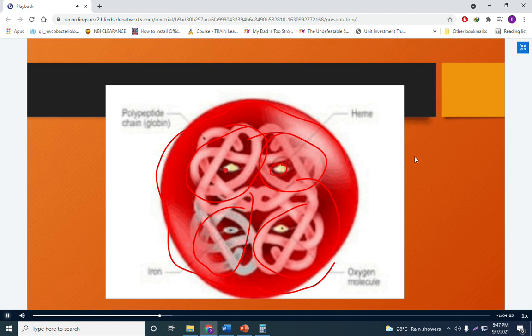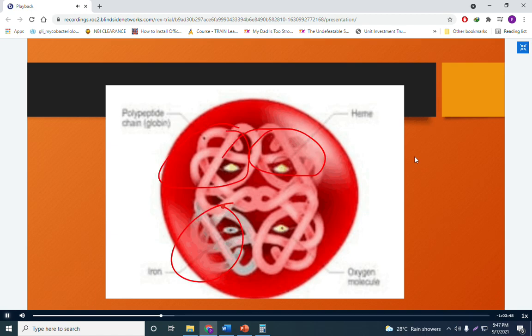So, this is your heme, class. There are 4 heme molecules. Inside the heme molecules, there is iron. Then, in the iron, that is where the oxygen molecules are. Let me repeat, class. These are your globin chains, there are four. Inside the globin chains you will also find your heme. Inside the heme molecule is the iron. Along with the iron, you have your oxygen, which is being bound. Understood?